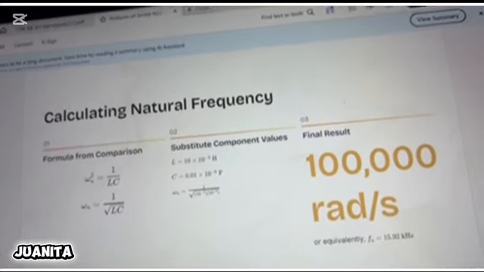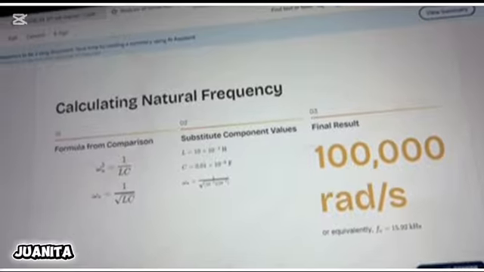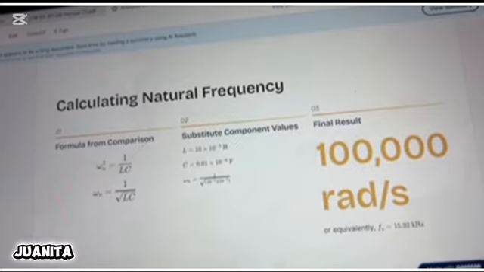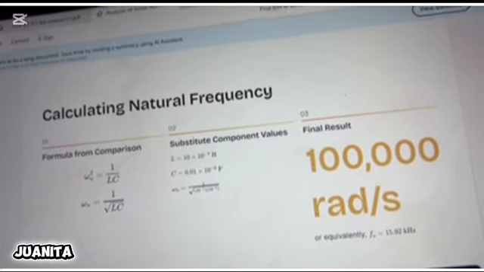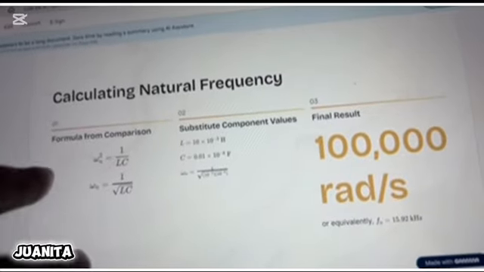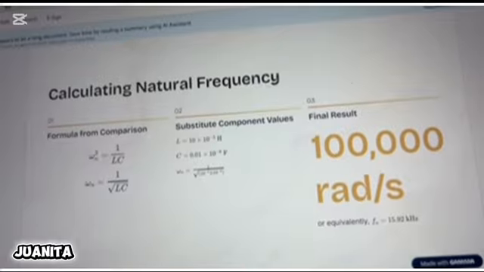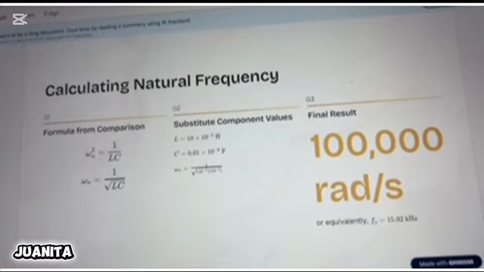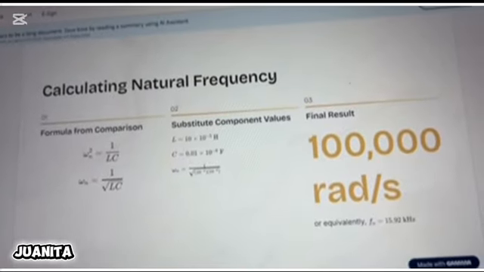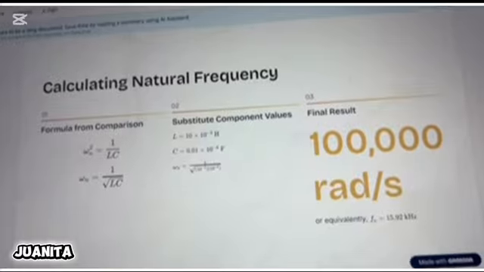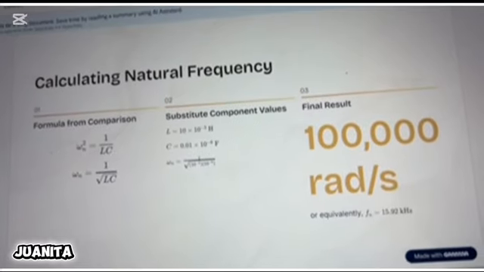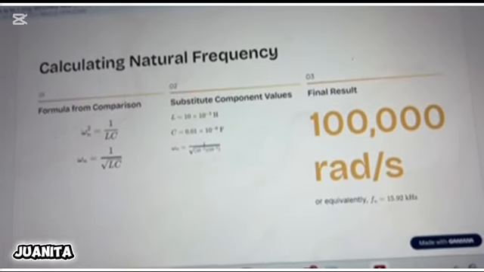From the standard second order form, omega n is equal to 1 over the square root of the inductance times capacitance. This parameter represents the frequency at which the system will naturally oscillate if there was no resistance in the circuit, meaning there would be no energy loss.